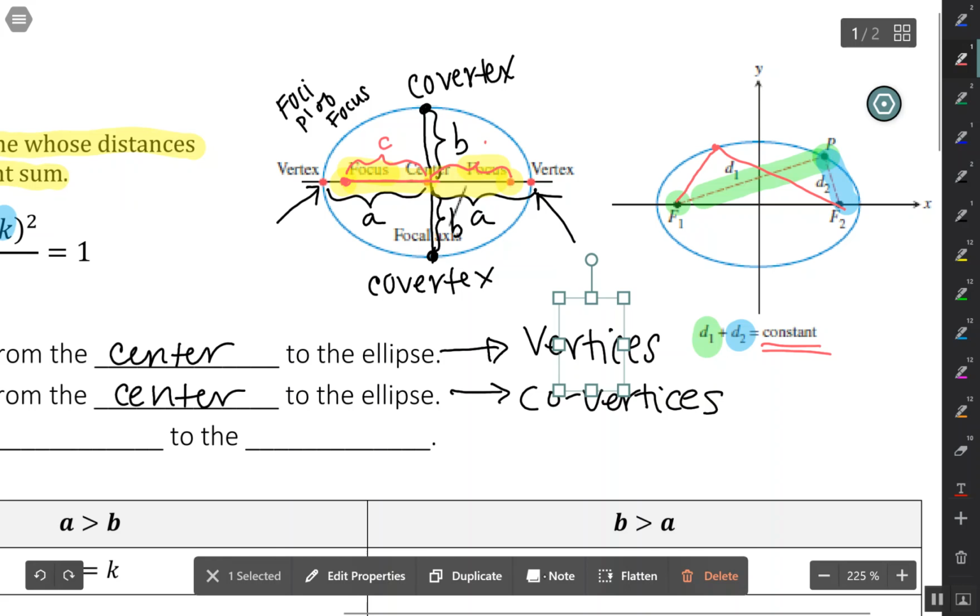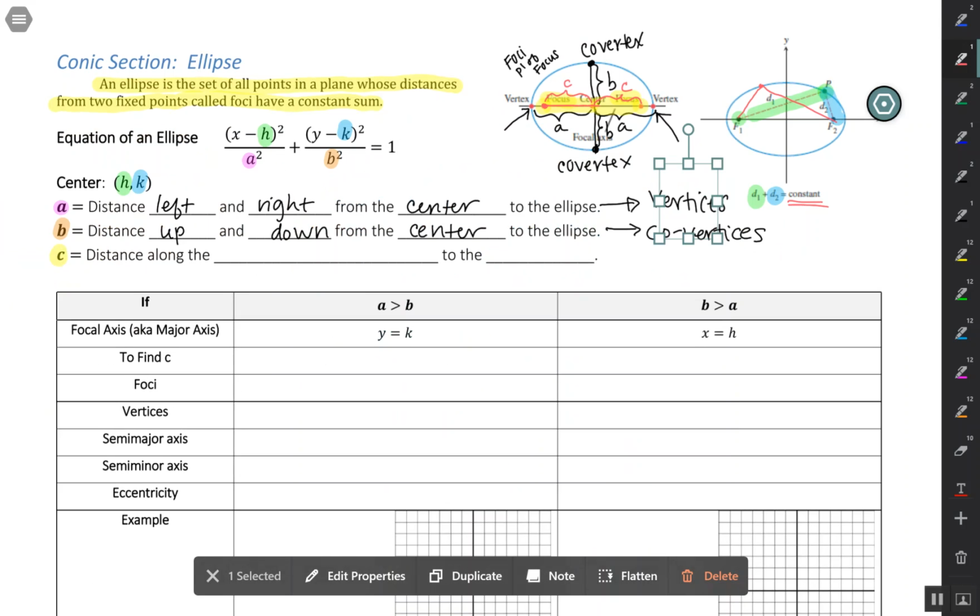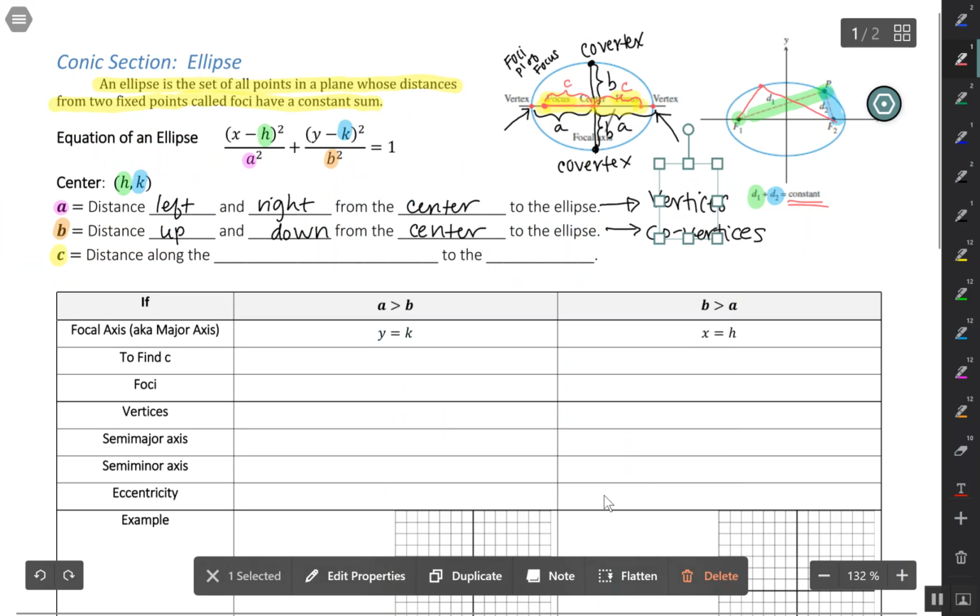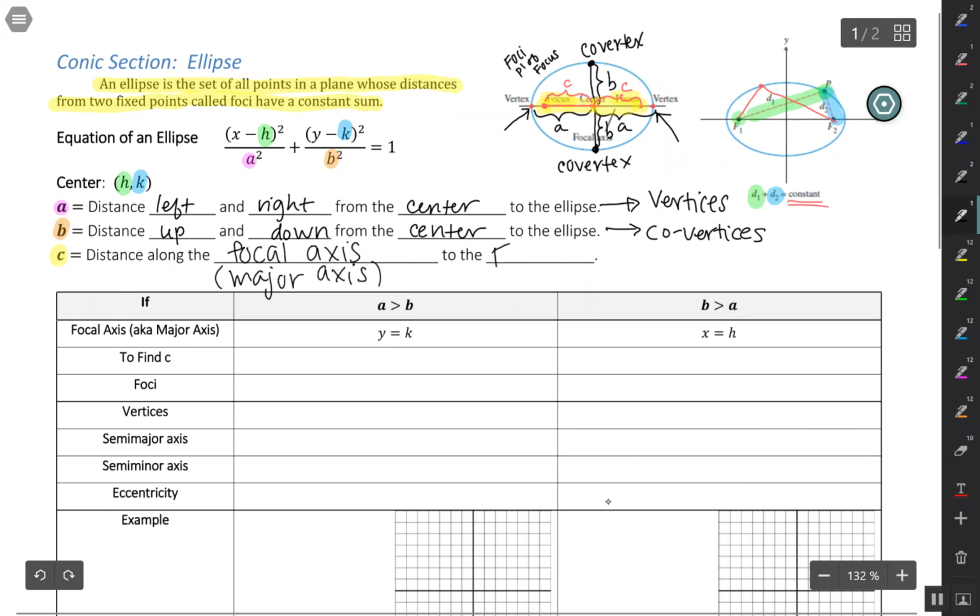So c is a number that's less than a. It's the distance along the focal axis, also known as the major axis, to the foci.